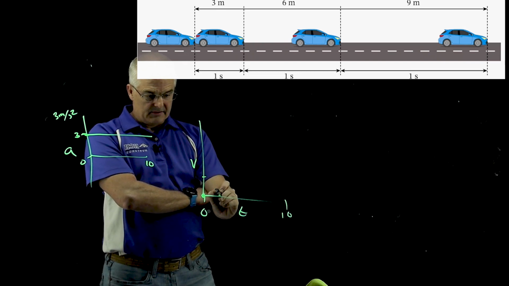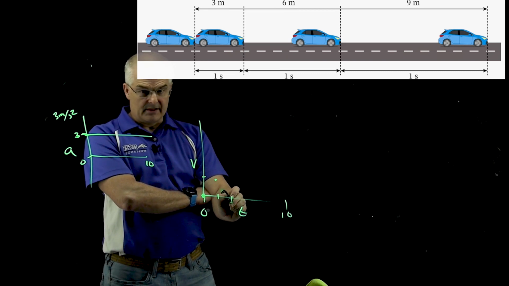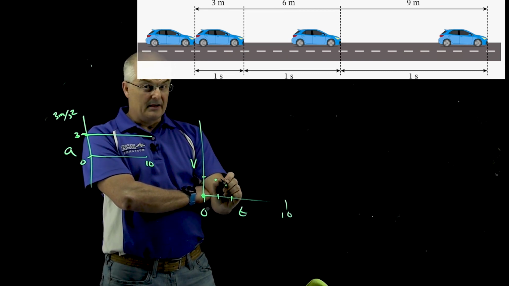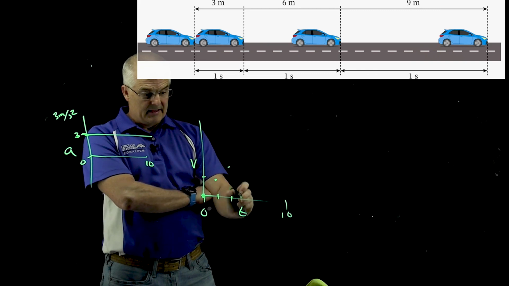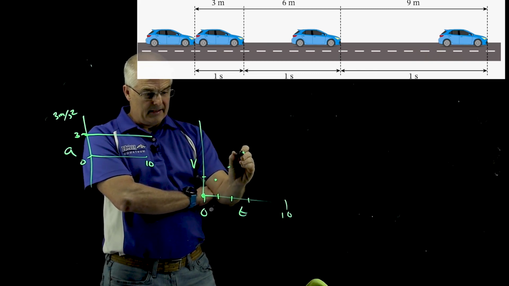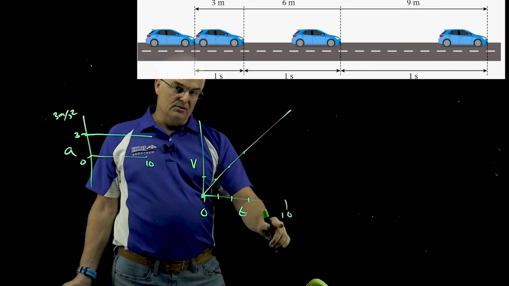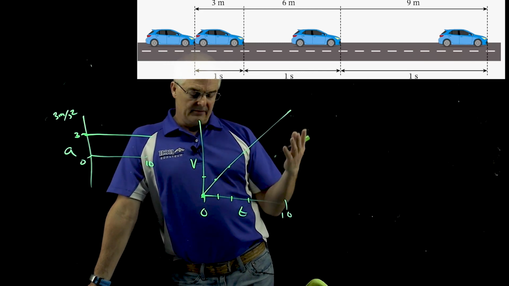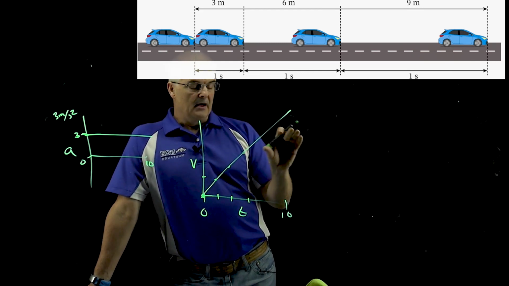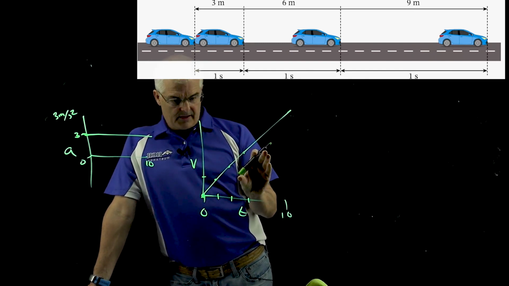So let's say that this is 1 second, and that's 3 meters per second. After 2 seconds, it's now going 6 meters per second. At 3 seconds, it's going 9 meters per second. And we could extrapolate this out to 10 seconds. After 10 seconds, it would be going 30 meters per second, I think, right? And so this graph turns into this graph.